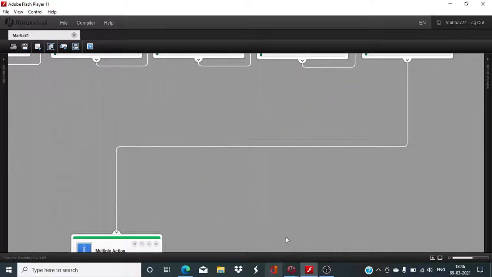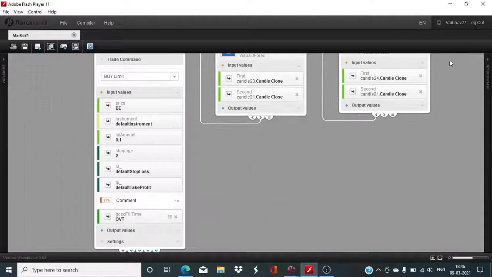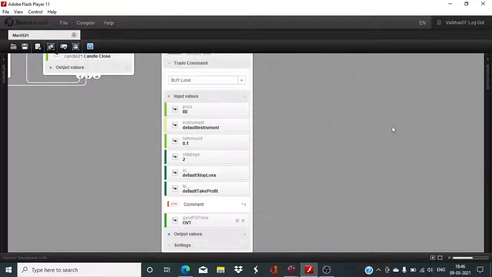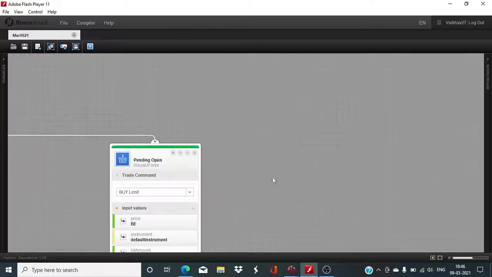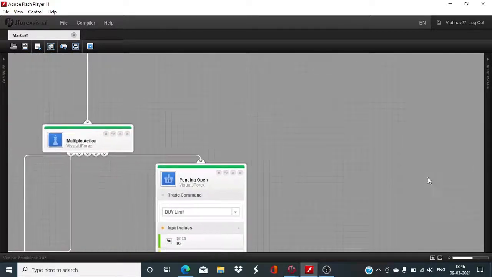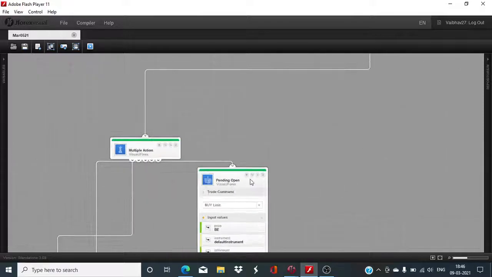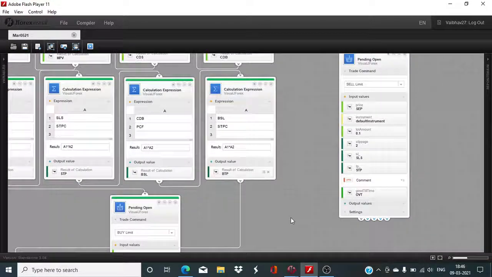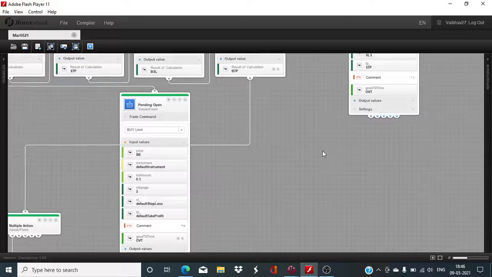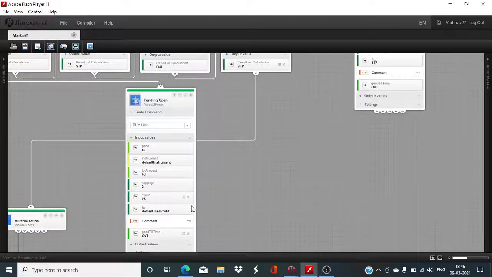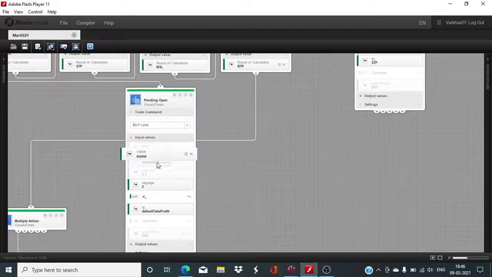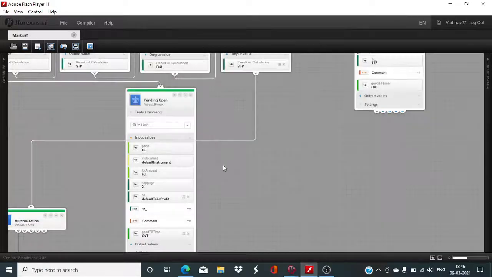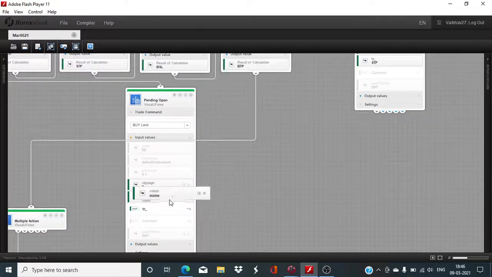I will join the flow and we will change the parameters for the buy trade command as well, stop loss and take profit.